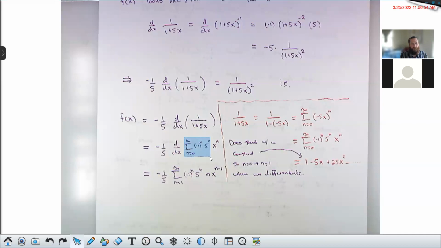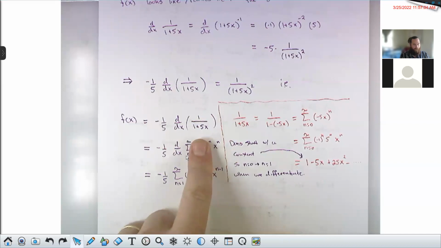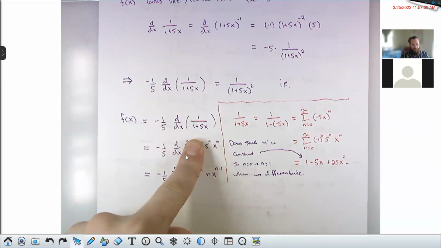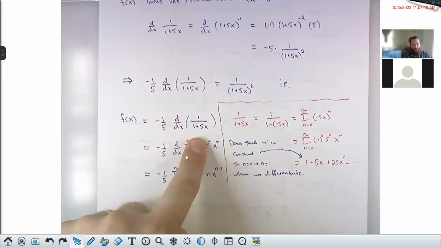The only thing that he can actually see when he looks through this expression is the x to the n. He's blind to everything else. So it's like you just took the derivative of x to the n, and the derivative of x to the n is n x to the n minus 1. Power rule.